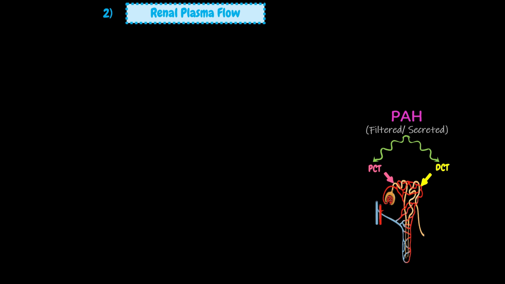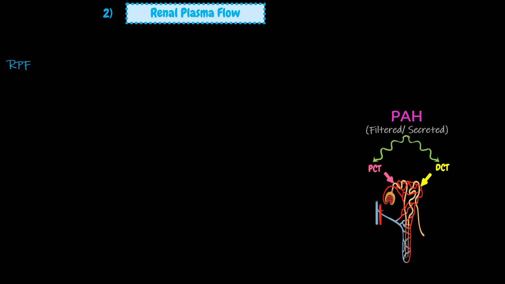Clearance of para-aminohippuric acid measures effective renal plasma flow and underestimates true plasma flow by 10%. It does not measure renal plasma flow to regions of the kidney that do not filter and secrete para-aminohippuric acid, such as adipose tissue.